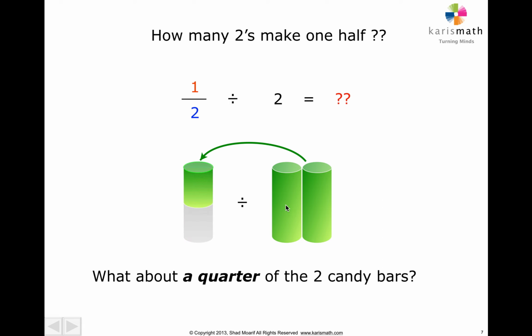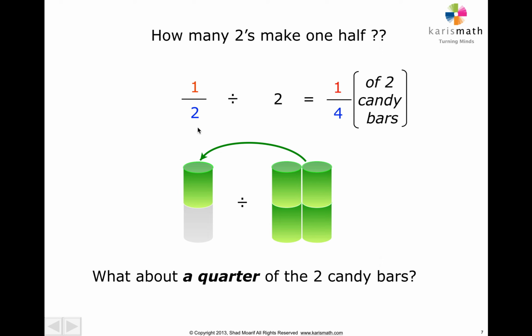If you take a quarter of these 2 candy bars, that means 1, 2, 3, 4. We've broken the 2 candy bars into 4 equal parts. Now if we take a quarter of these 2, that's this one, it fits perfectly. So the answer would be a quarter. That means a quarter of 2 fits into half. Let's try. So that is correct.